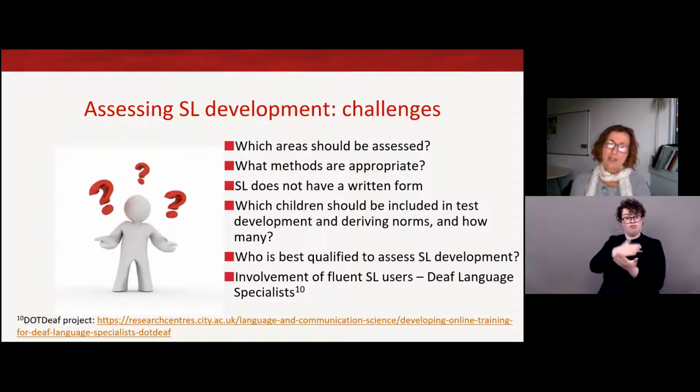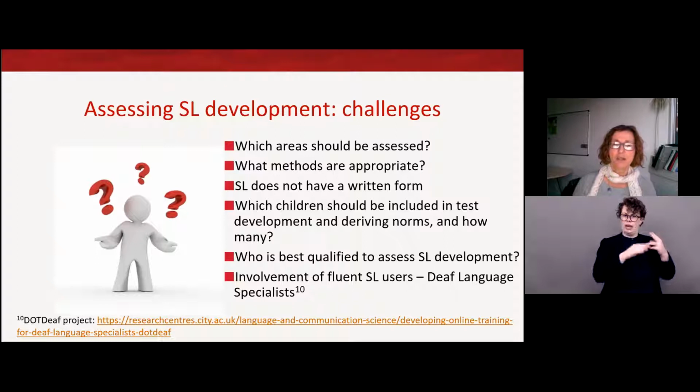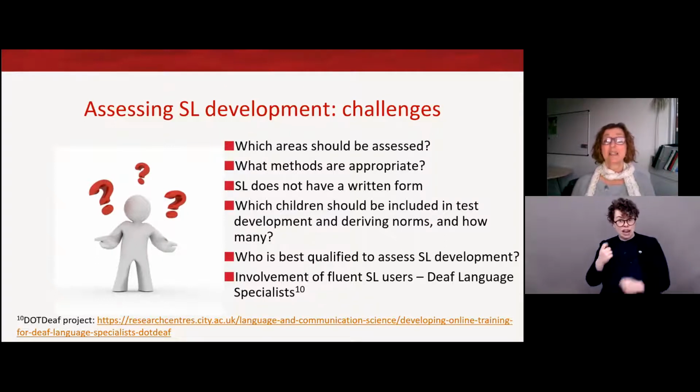A big question with sign language assessments is which group of deaf children should be included when we are developing the test and deriving norms, and how many children is enough? I mentioned before that in spoken language measures, we often get hundreds of children being tested, but of course there aren't necessarily hundreds of children using sign language at a particular age group that are accessible to test developers.